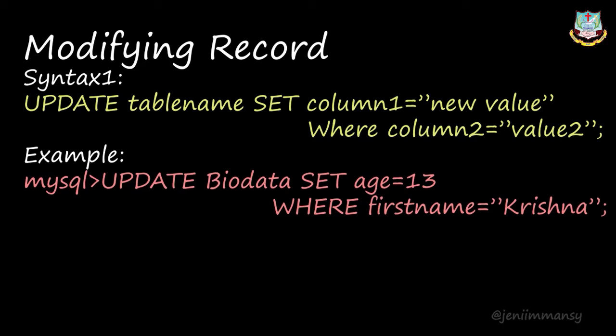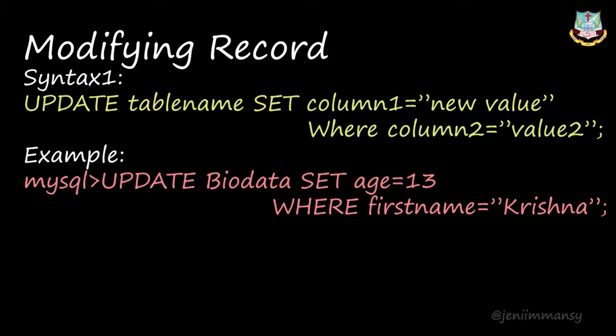You have to set the age of Krishna as 13. That means first you give column 1 and the new value, then where, and in the same line you give column 2 and its value. Understood? That is what you give to update or modify previously available data in a table or a record.